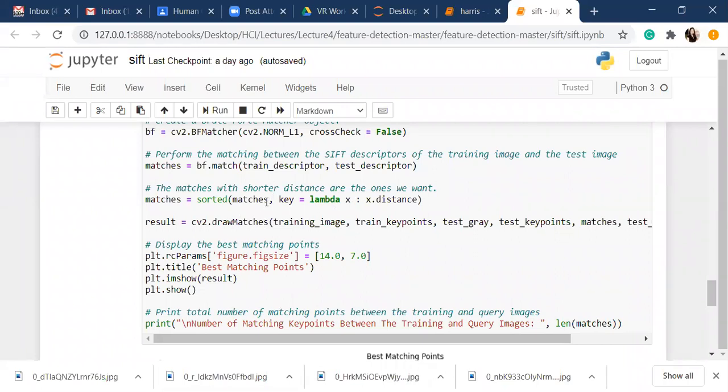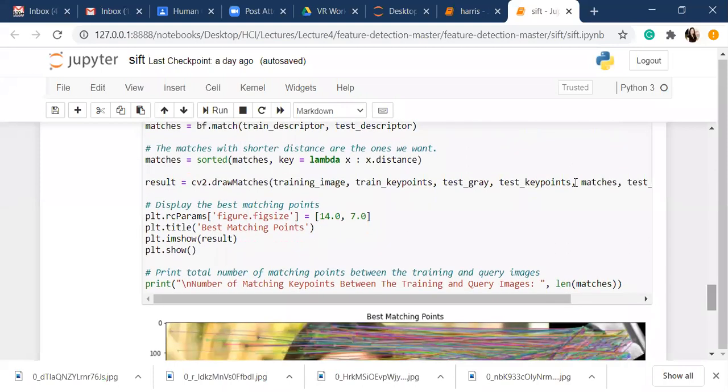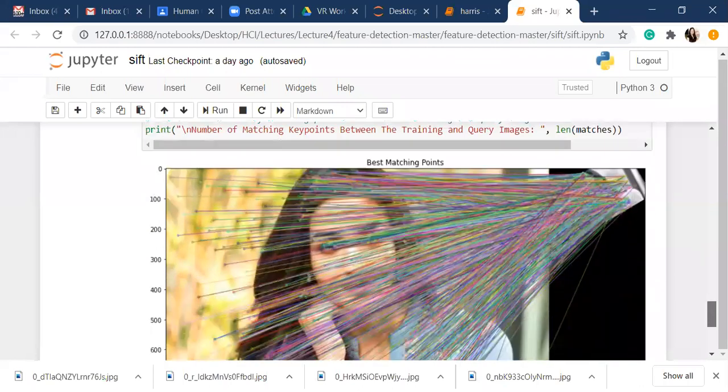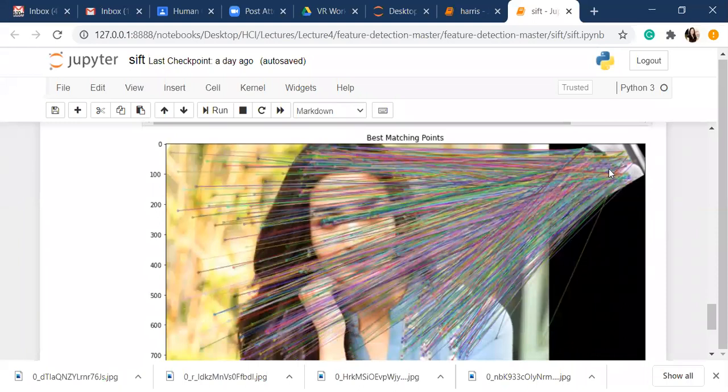Then it takes the sorted values with the matching of the Hamming feature, and you pass your test gray images. All of the images you have to pass inside this parameter, along with the key points that you have used, and draw the matches. If you draw the matches and show the results, there is one image, the testing image in grayscale format, and you match it over the colored image.